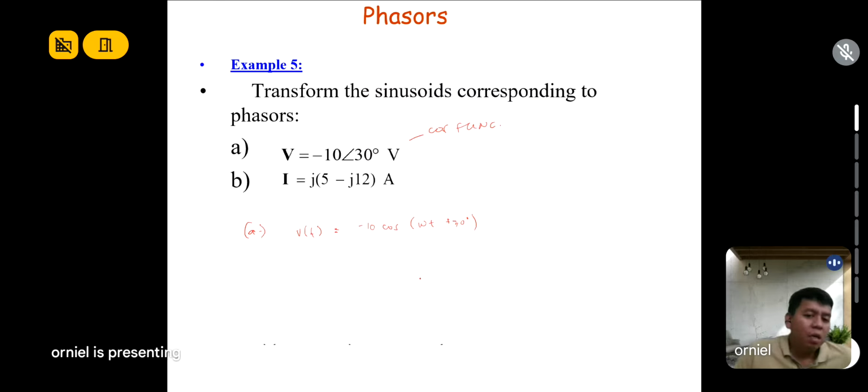This is the time domain form that is converted into a phasor.